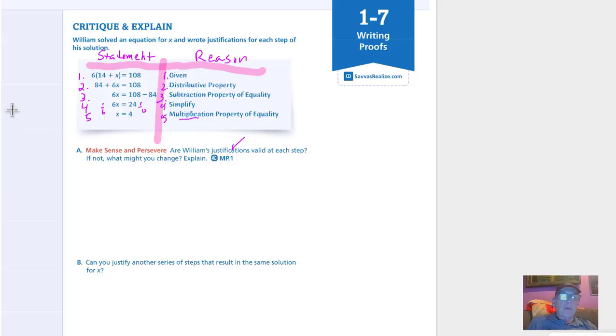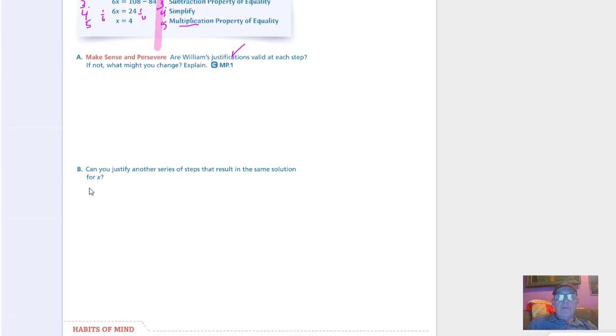Another series of steps that could result in the same solution would be, what if we divided first instead of using the distributive property and simplified the numbers that way? So we've got our statement and reason. Our initial problem, 6 times x plus 14 equals 108.